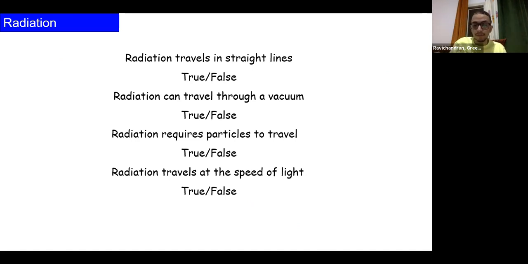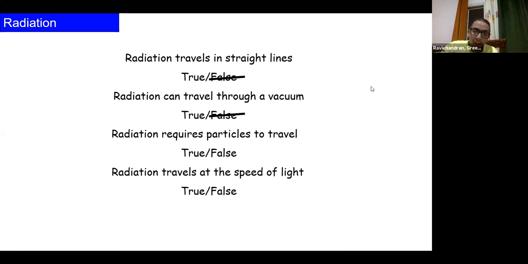True or false? Let's see the answer here. Okay, true. Radiation can travel through a vacuum. This was solved already. Yes, true.